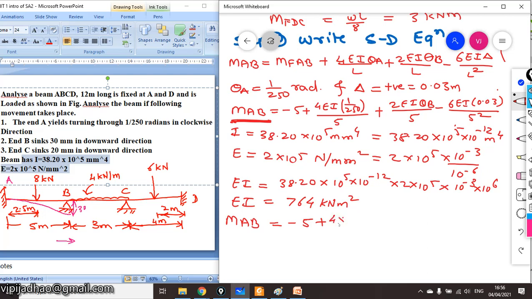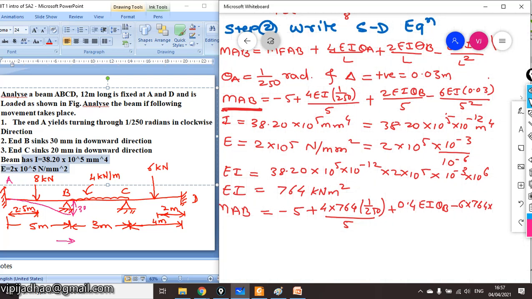We have already calculated EI as 764. 4 EI into 1 divided by 250 divided by 5 plus twice EI theta B or 0.4 EI theta B. Then we have minus 6 EI delta upon L square, that is minus 6 times 764 into 0.03 meter divided by L square, that is 5 square.